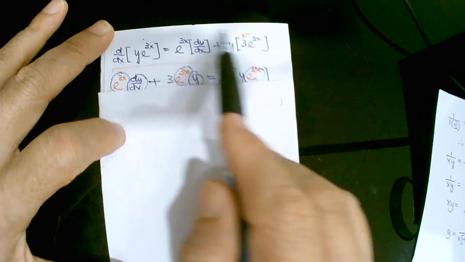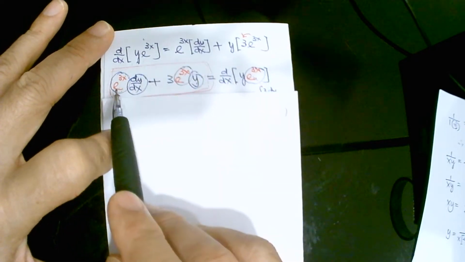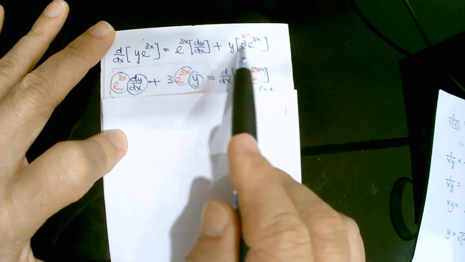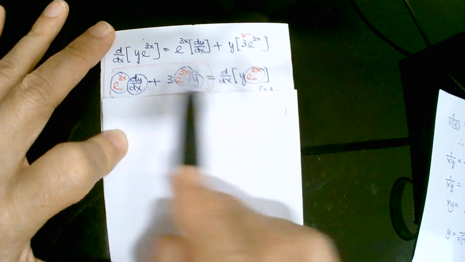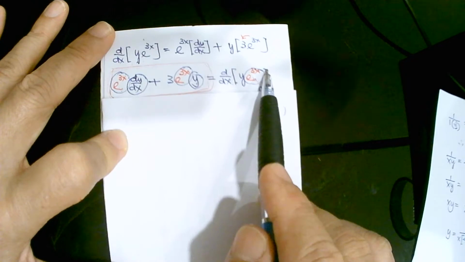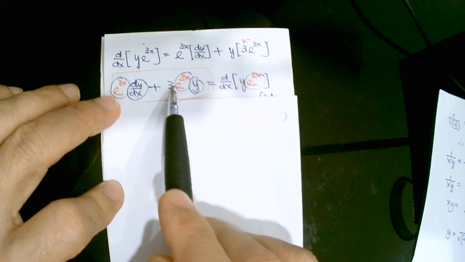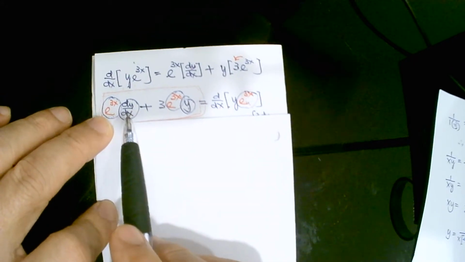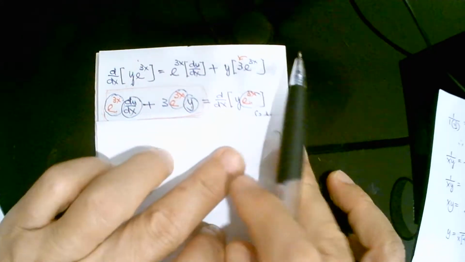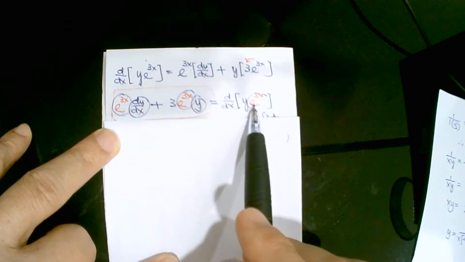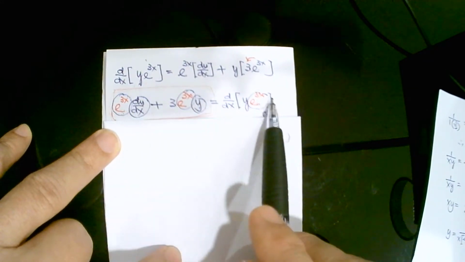Now I rewrite this. I write here e^(3x) dy/dx plus 3e^(3x) y equals d/dx of (y e^(3x)). Why do I write this in red? Because you see, every term has this red color.